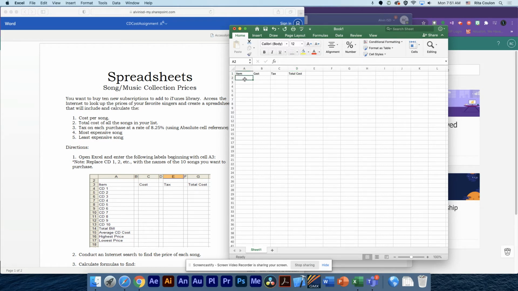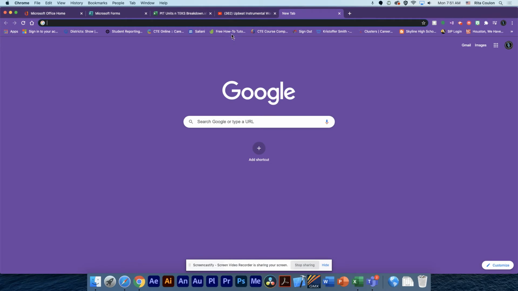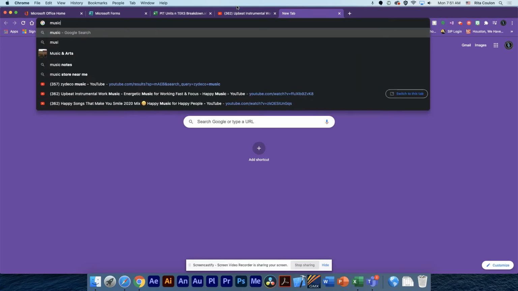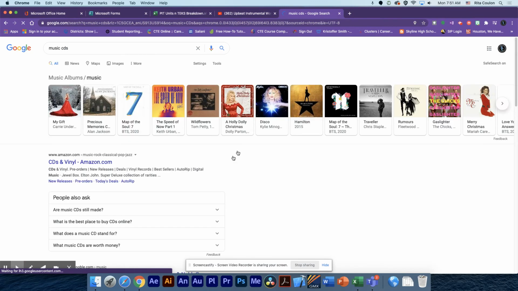I have CD1, but this is where you're going to put whatever you purchase. I don't know what you guys purchase, so I'm going to go to CDs, or even movies.